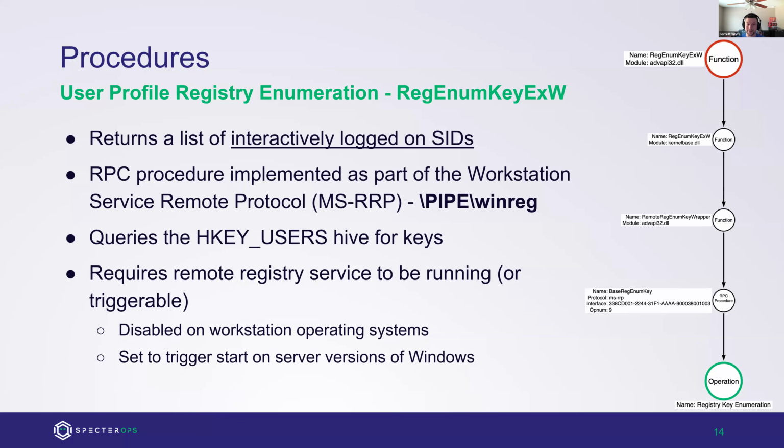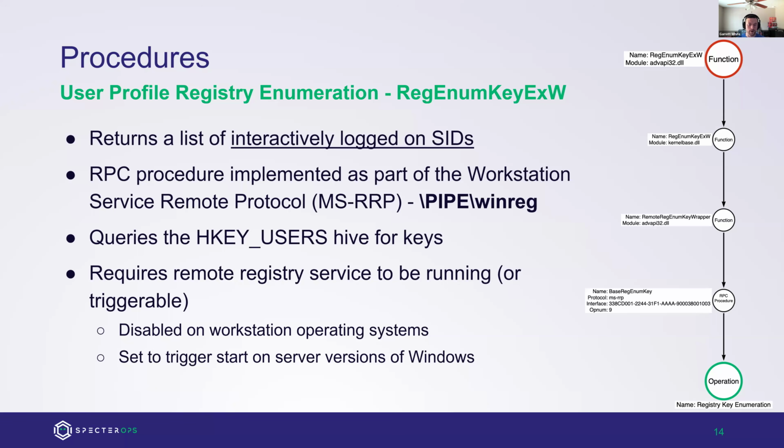On workstations it's disabled by default, but in a lot of cases, Active Directory has been around a long time. Somebody may put a vulnerability scanner in there that wants to query the registry, and you have a GPO that was created a decade ago that turns on remote registry, and that would allow an attacker to potentially enumerate interactive sessions on all the machines that it could hit on port 445.